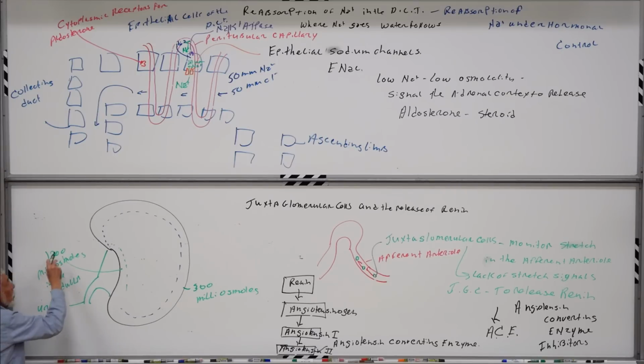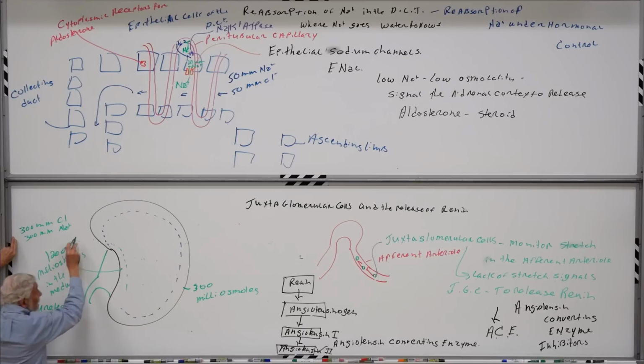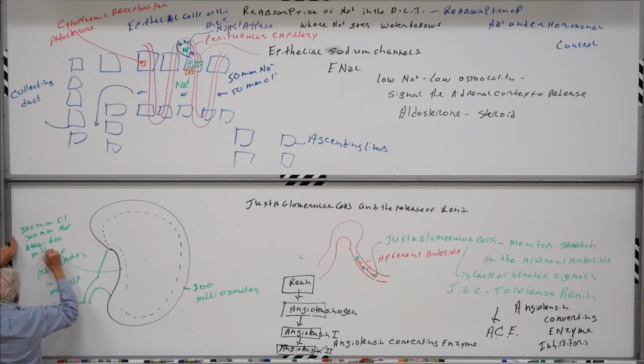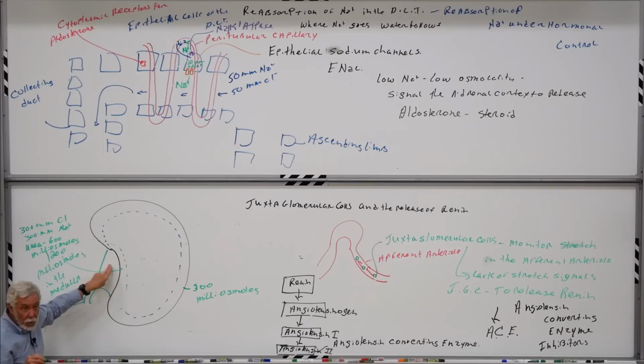To get to these high concentrations, the concentrations down here will be about 300 millimolar chloride, 300 millimolar sodium. But you notice that's only 600. The remaining 600 is generated by urea. It's about 600 milliosmoles, and since this molecule doesn't dissociate, this is 600 millimolar urea. So that's where the 1200 comes from.